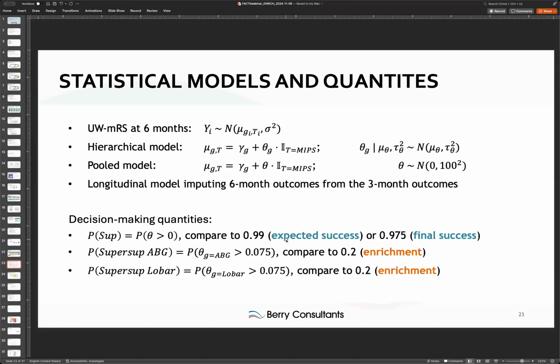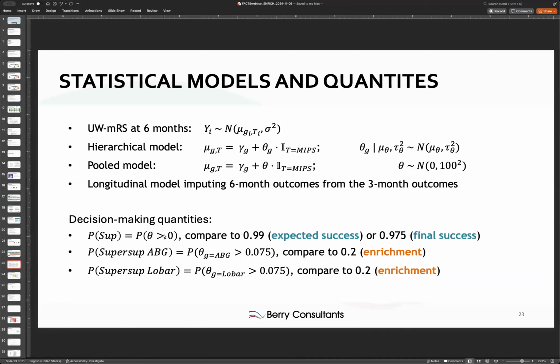And we're going to use that theta, the pooled model theta, to determine final success, because like we said, we're taking this analysis strategy that pools all of the patients that are randomized together for the primary analysis. So the decision-making quantities, we have a superiority decision here to make using theta.